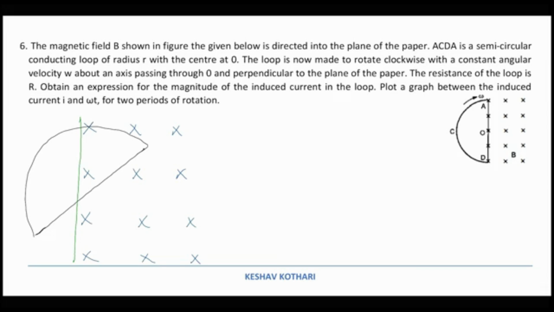I am considering this angle theta, and this one is a new area that is being introduced, so I am calling it d theta. So this is the flux change that is taking place right now.